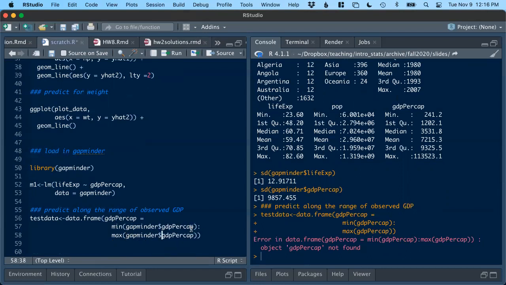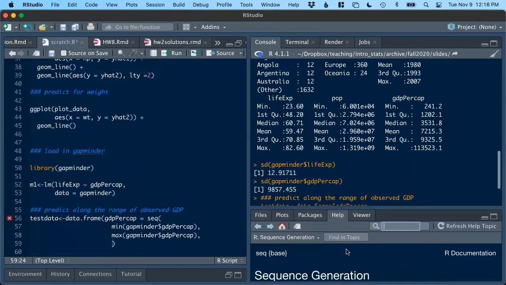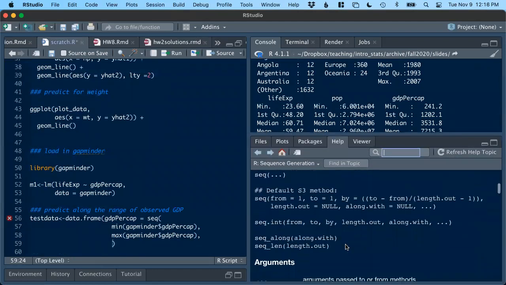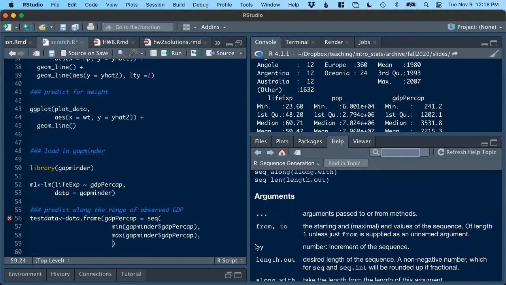Let's just stay consistent. Instead of using colon, I'm going to do sequence. We'll sequence from the minimum of Gapminder to the maximum of Gapminder. And this time, instead of using length out, I'm going to use a different argument. One argument I can use here is from and to and by. So in this case, I'm going to say by, let's step by, I don't know, $50.